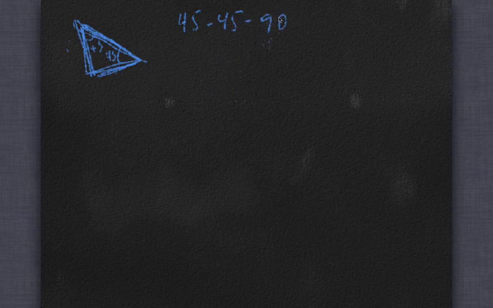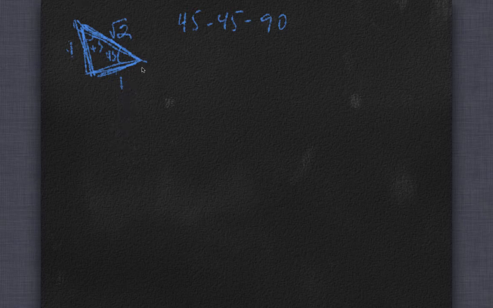There's the one where these are the same and these are the same, so 45, 45. So the 45, 45, 90 triangle is one of our special triangles, and that has a 1:1 ratio on these sides. So Pythagoras would tell us the square root of 1 squared plus 1 squared is this side. This is square root of 2.